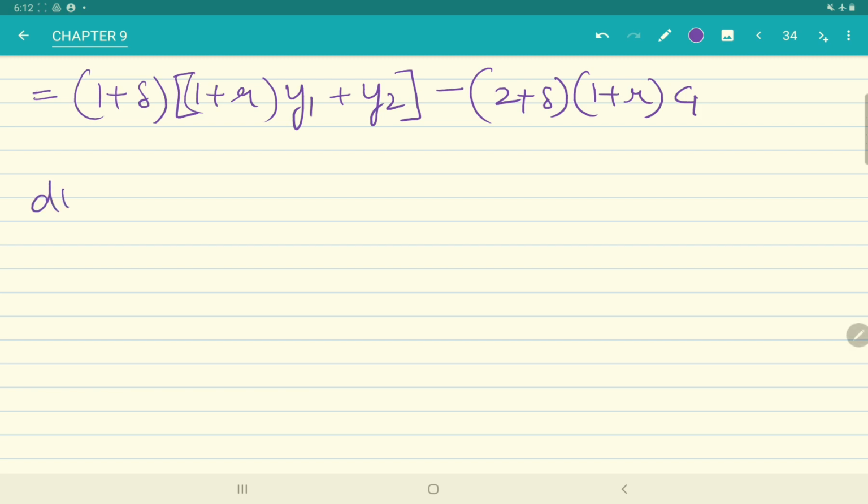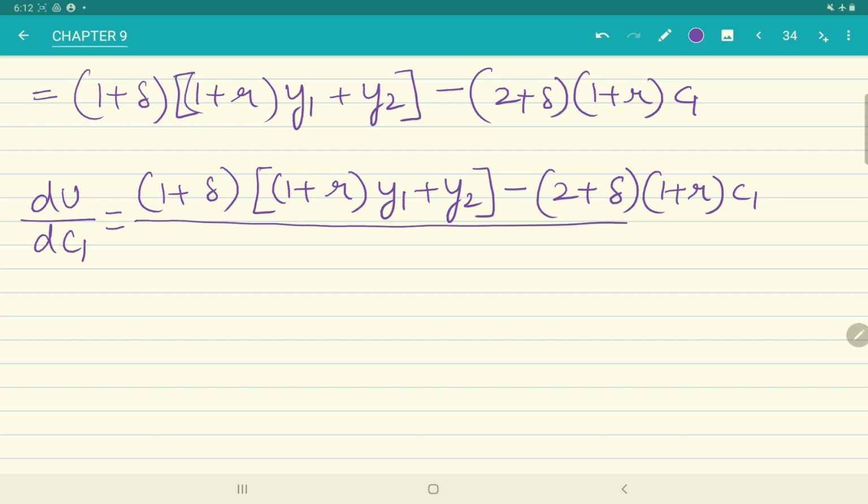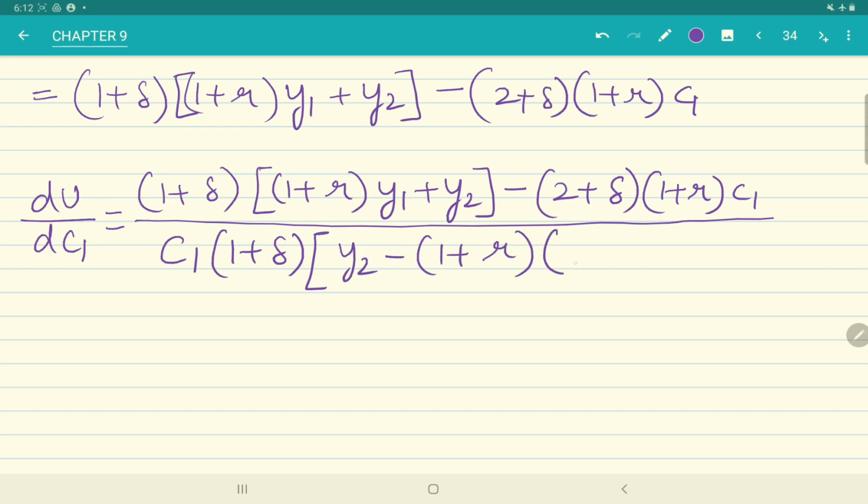So now I can write du by dc1 is equal to (1 plus delta)(1 plus r)(y1 plus y2) minus (2 plus delta)(1 plus r) c1, and this divided by that same denominator, which is c1 (1 plus delta) y2 minus (1 plus r) c1 minus y1, and this has to be set equal to 0.